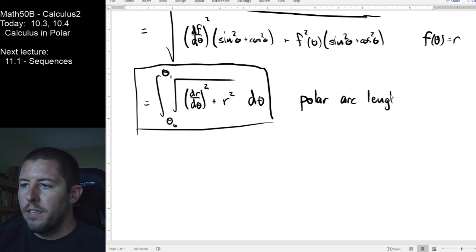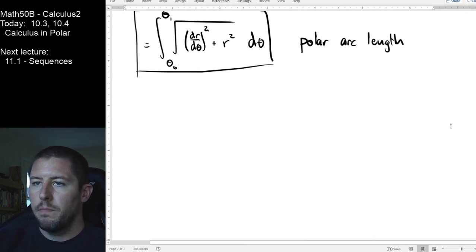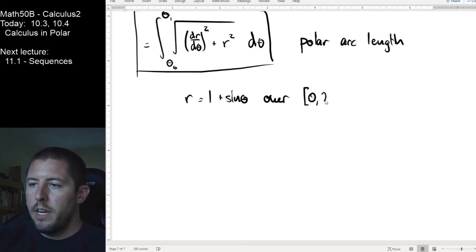let's go ahead and do that for this cardioid here. So we were given the cardioid r equals 1 plus sine theta. We determined from Desmos that we needed all of 0 to 2 pi to get its length.